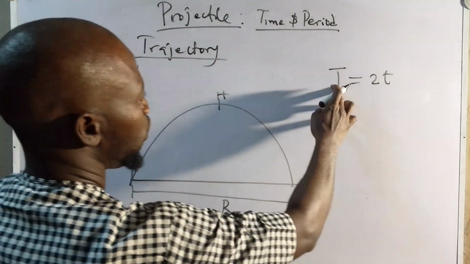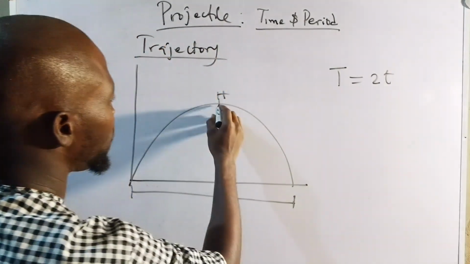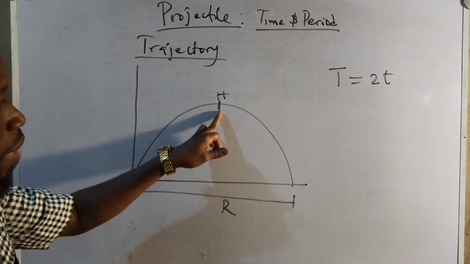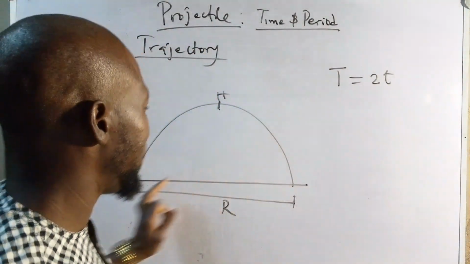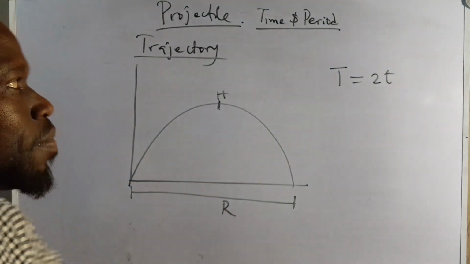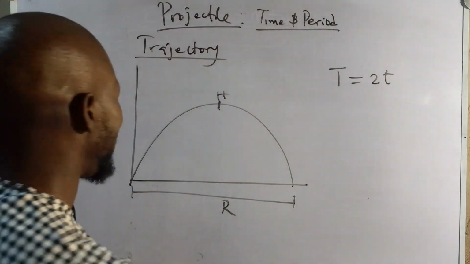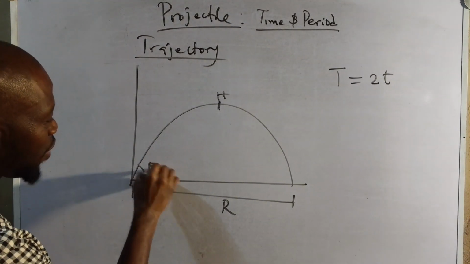Small t is the time taken to reach the maximum height. Big T is the total time of flight for a projectile, right? Now, how do we get this? Remember, it's flying at an angle.